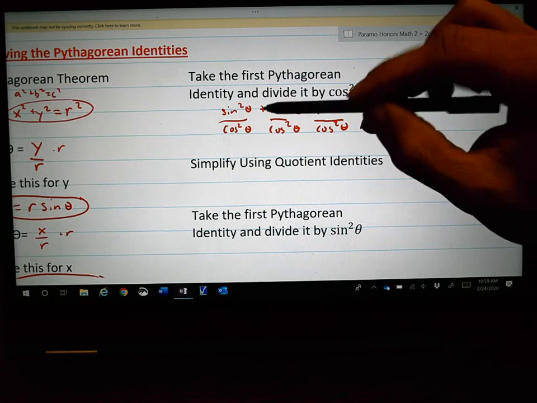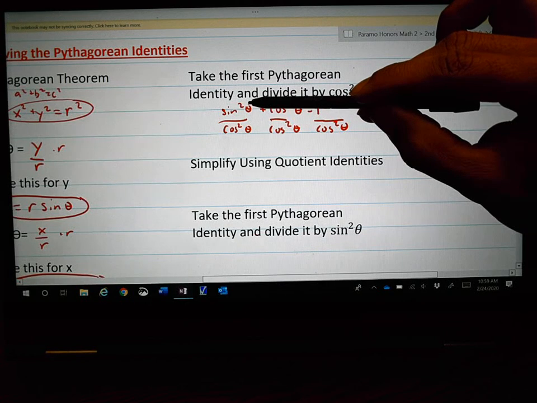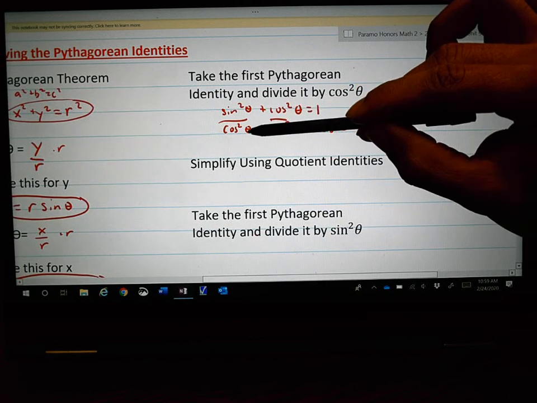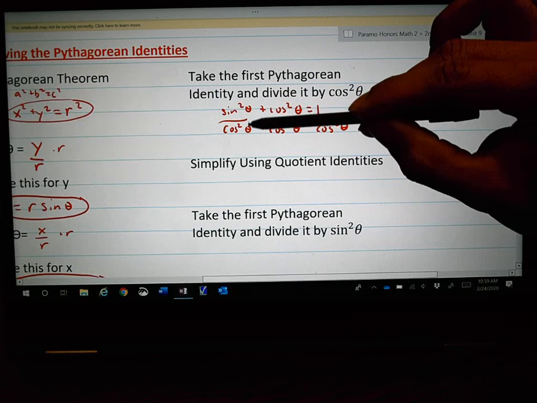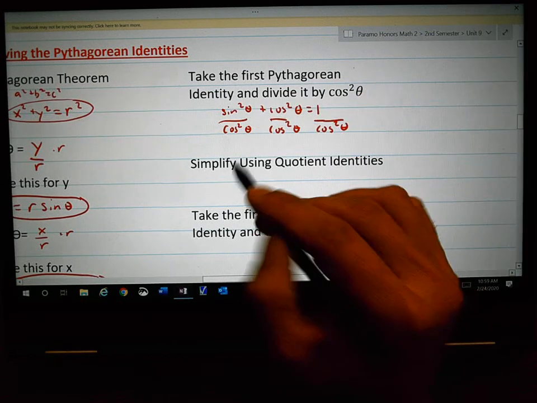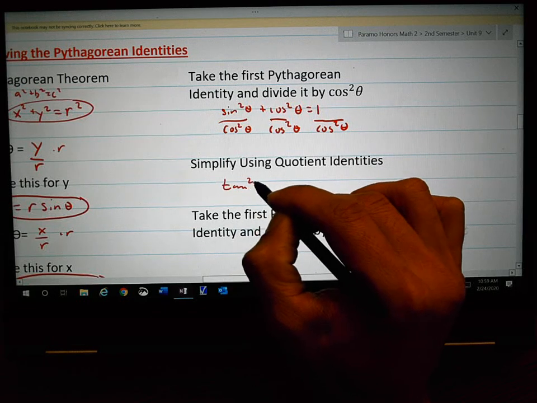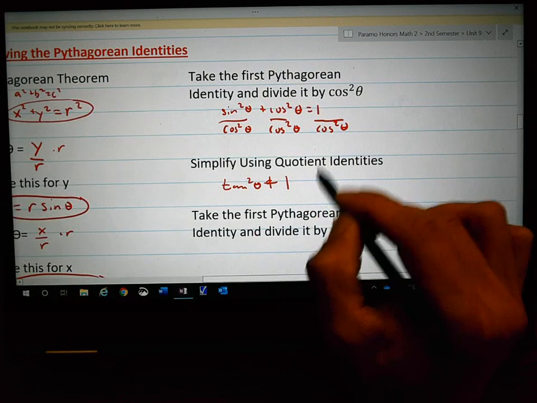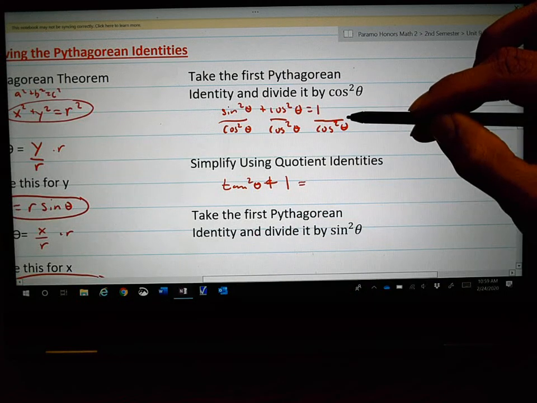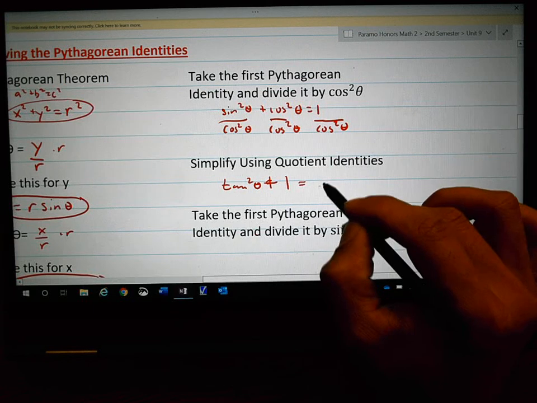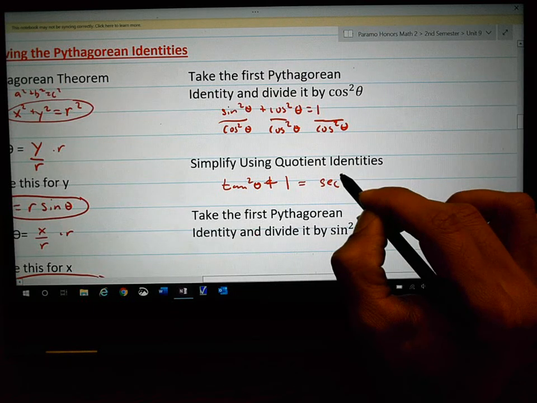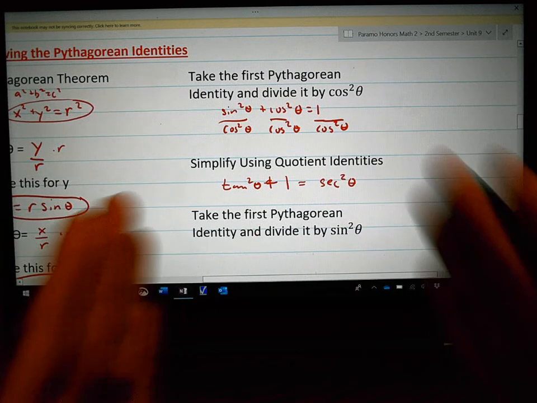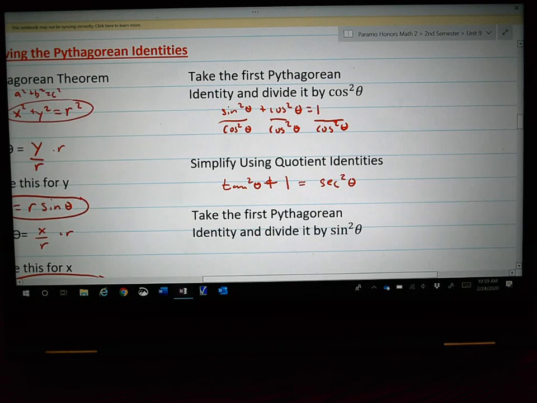Meaning, sine squared of theta divided by cosine squared of theta, just because we wrote down sine of theta over cosine of theta, that still simplifies. It's just squared. How about tangent squared of theta? That's 1. 1 divided by cosine squared of theta is actually secant, but it's squared, so secant squared of theta. And guess what this is? This is your second Pythagorean identity. We'll end right there.